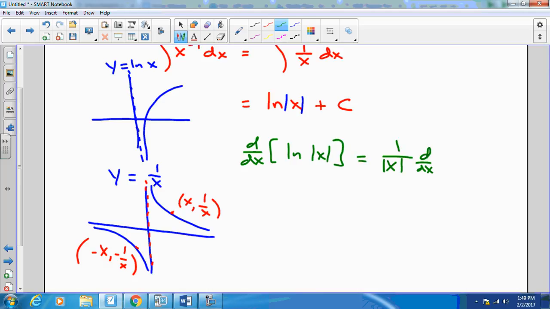If I take the derivative of the natural log of the absolute value of x, I get 1 over the absolute value of x times the derivative of the absolute value of x. The derivative of the absolute value of x is the absolute value of x over x. And I get 1 over x.